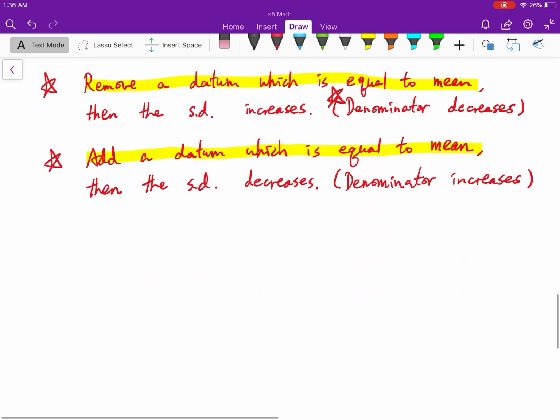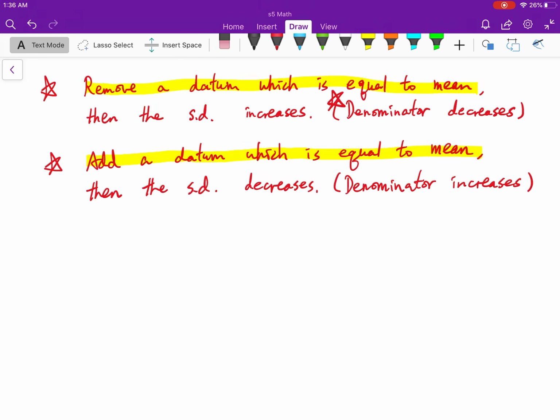The third one is about the IQR. It can increase, decrease, or remain unchanged, so you need to find it every time. The last two are about SD. Only when a datum equal to the mean is removed or added can you apply this rule.